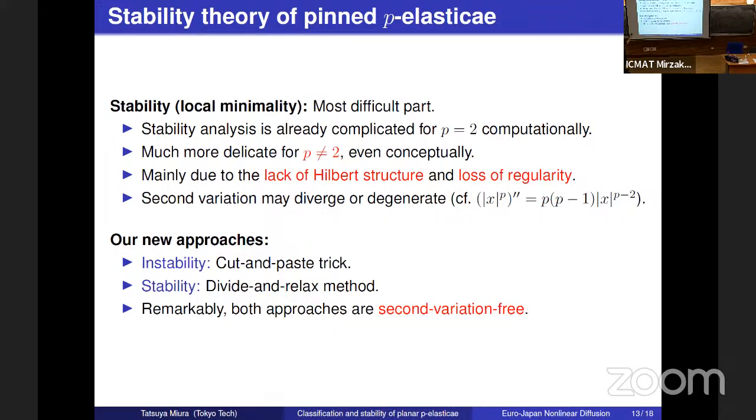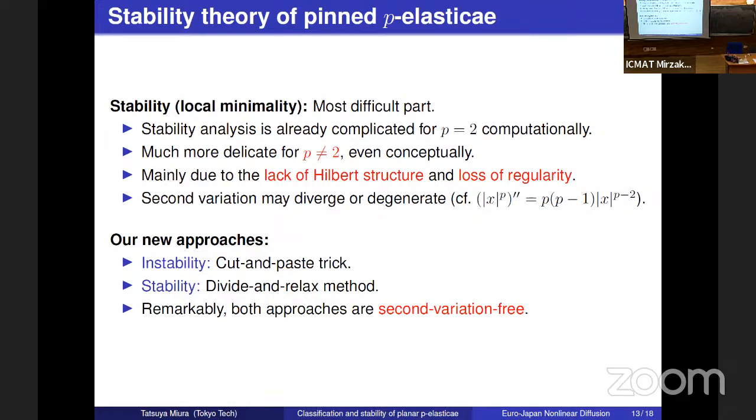For example, the second variation of the p-bending energy may diverge or degenerate for critical points. Maybe you can imagine this by seeing this easy computation. If p is less than 2, then this term may diverge in a sense. And if p is greater than 2, this exponent is less than 2, which yields some kind of degeneracy in the infinite dimensional analysis.